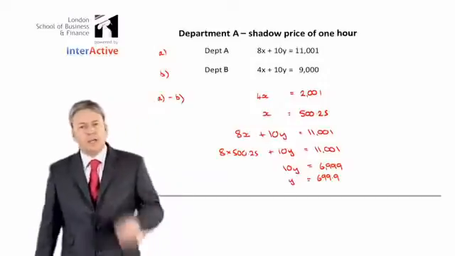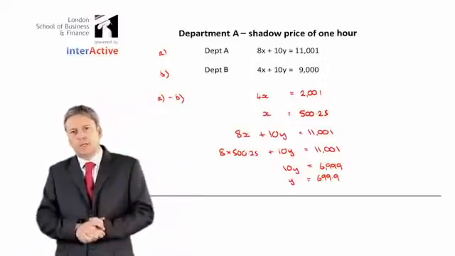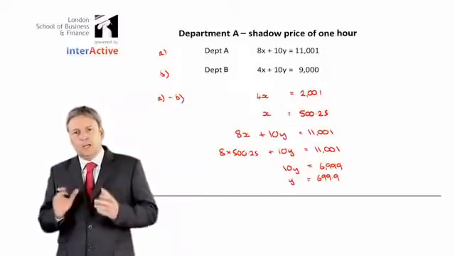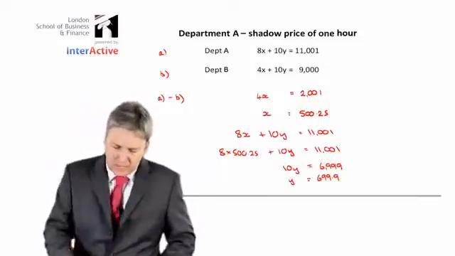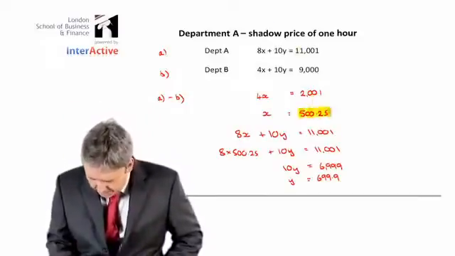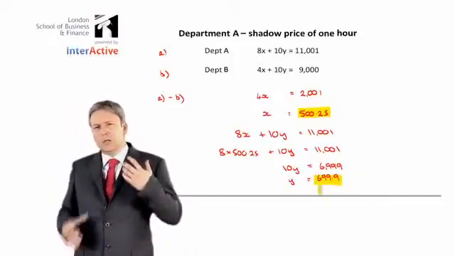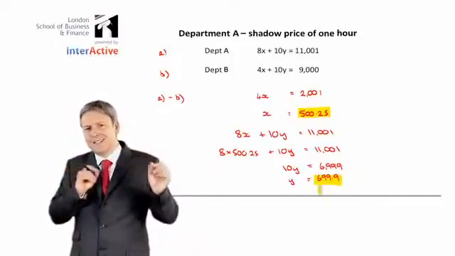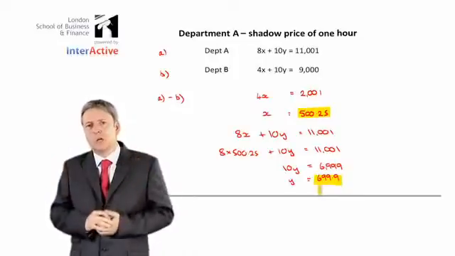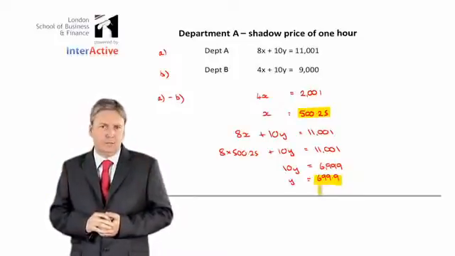Now, I make no excuse for playing around with these numbers a bit. The reason why I've done that is I wanted you to be absolutely happy with where they come from, on the basis that you see that something quite sophisticated has happened as a result of adding 1 hour.